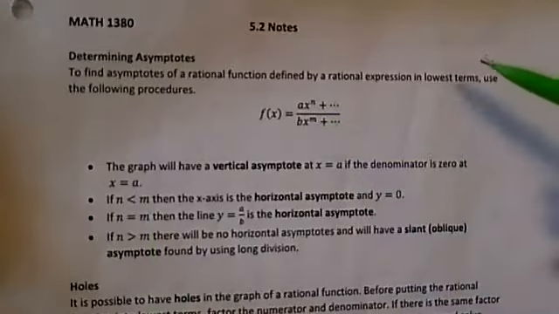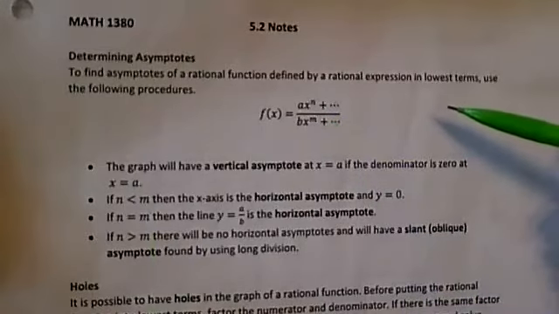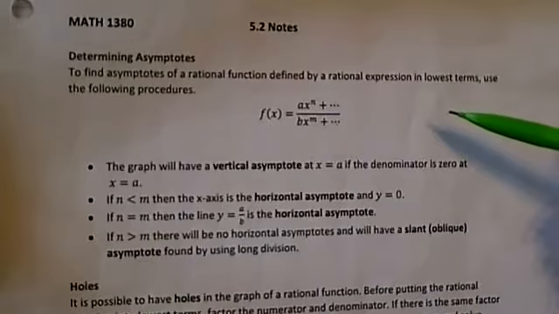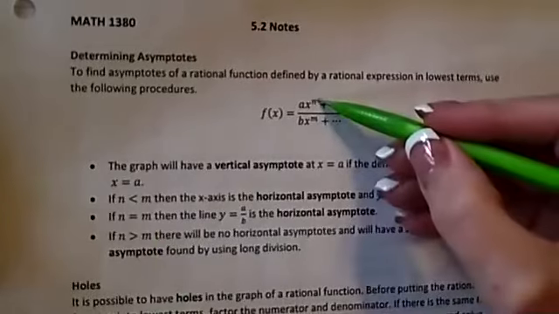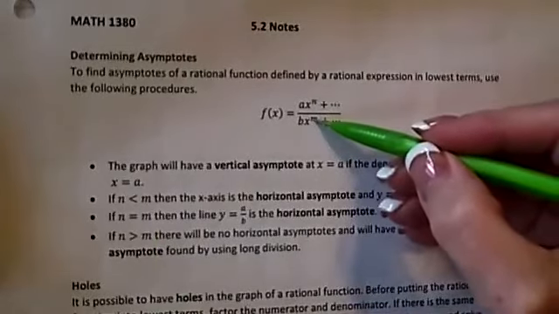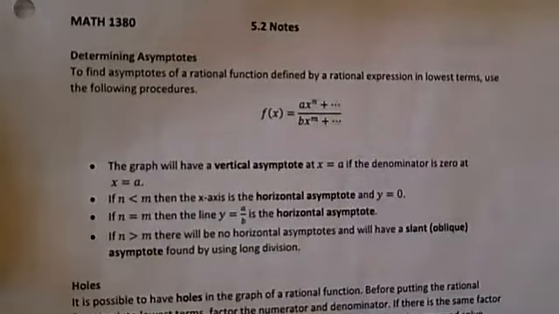So let's say I had 3x squared over 5x to the third, something like that. If this exponent is smaller than this exponent, then you have a horizontal asymptote at y equals 0. So it's really the x-axis where that asymptote would be.